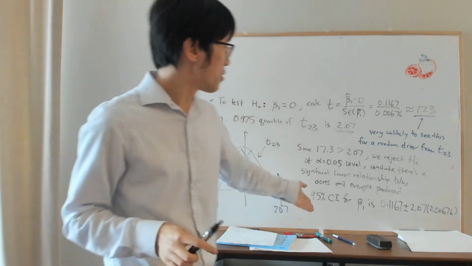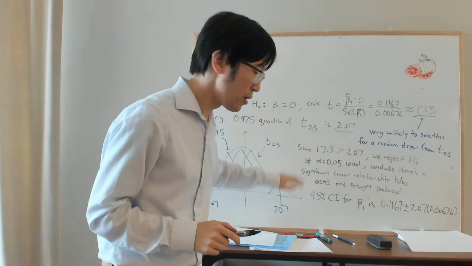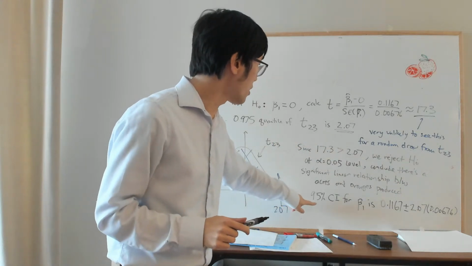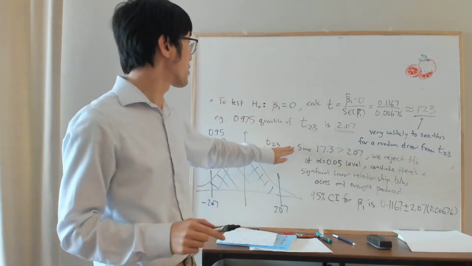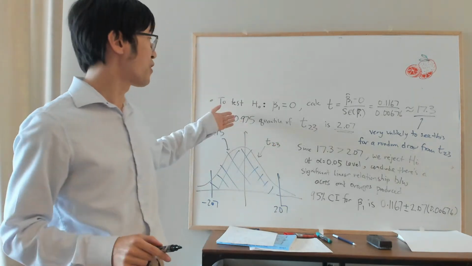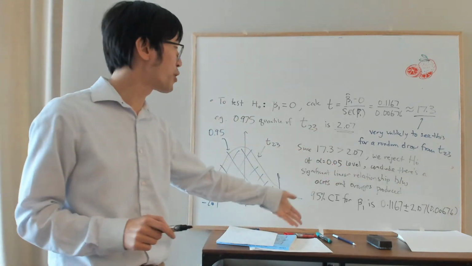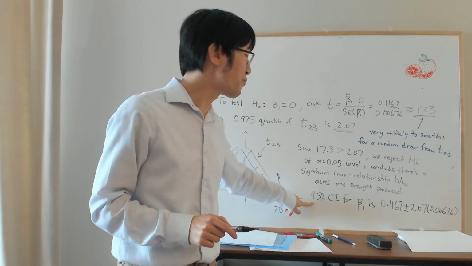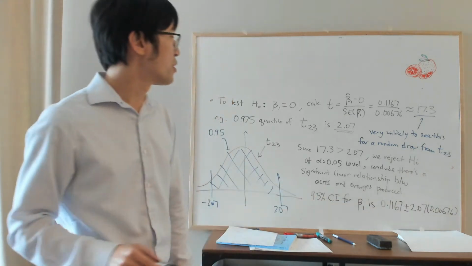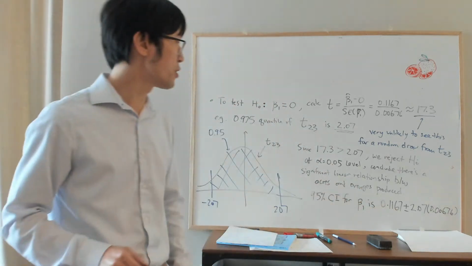And so there is a correspondence between the hypothesis test and the confidence interval. In that, if we have a significant hypothesis test at the alpha equals 0.05 level, then the corresponding confidence interval, so that's 1 minus alpha, which is 0.95, is also not going to contain 0.